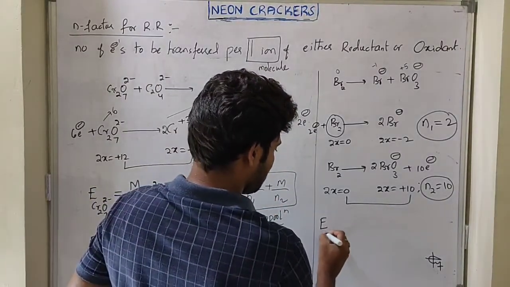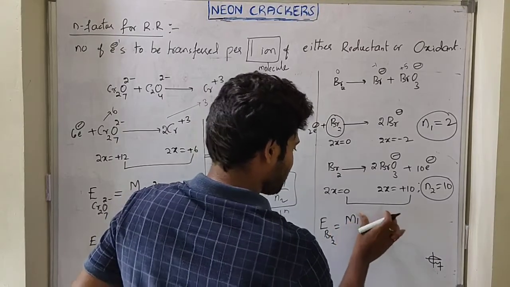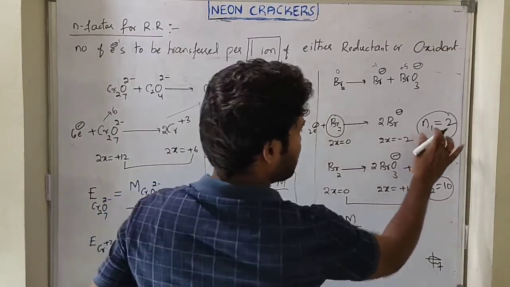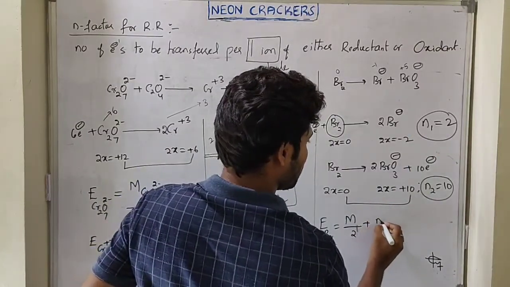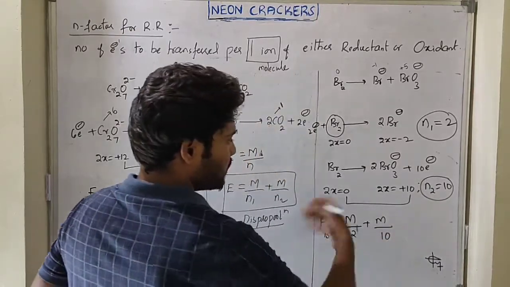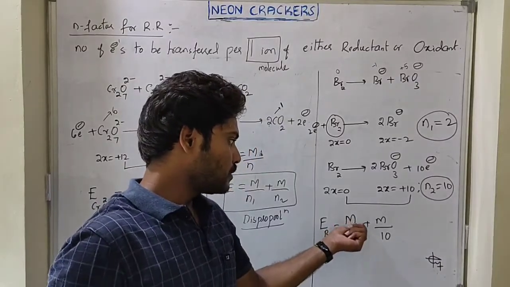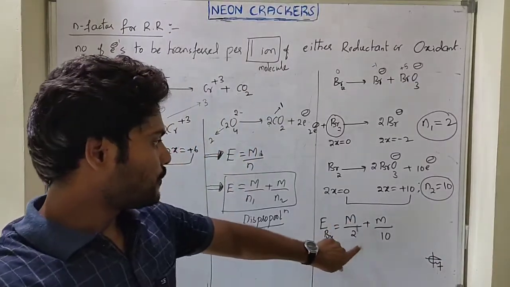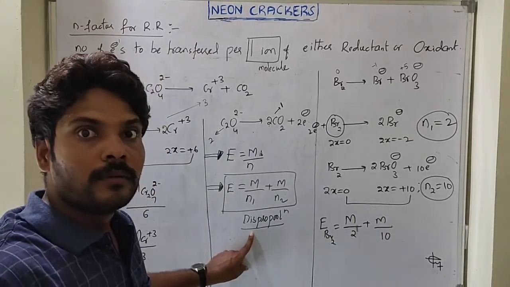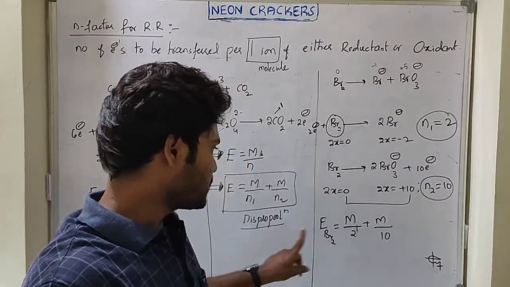Now in our equation, equivalent weight of Br2 equals molar mass of Br2 upon N factor 2, plus molar mass of Br2 upon N factor 10. If you simplify this equation, you can get the answer, if you know the Br2 molar mass. And this is how to find the equivalent weight of a disproportionated substance.